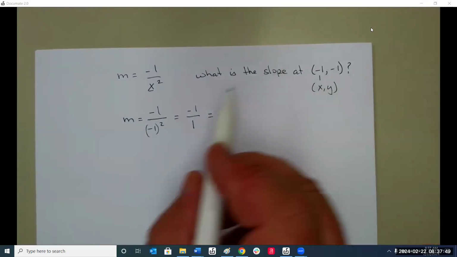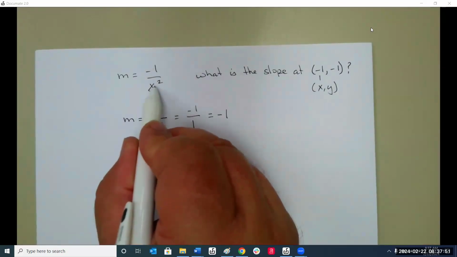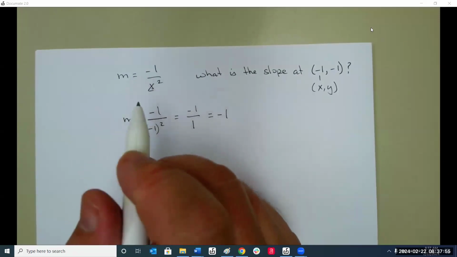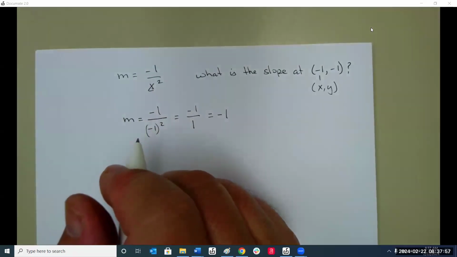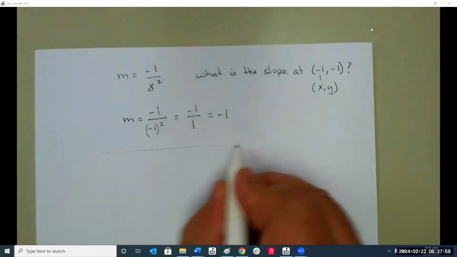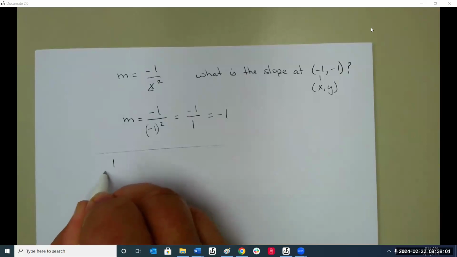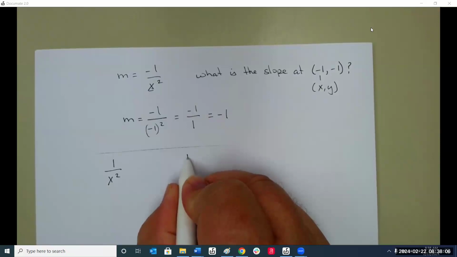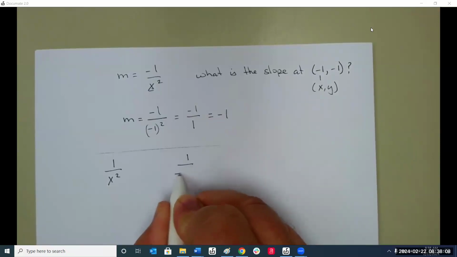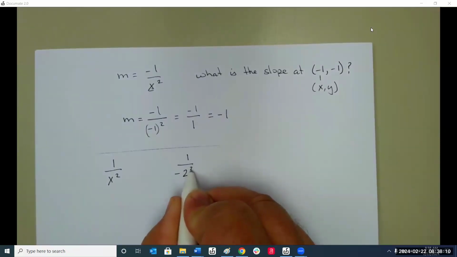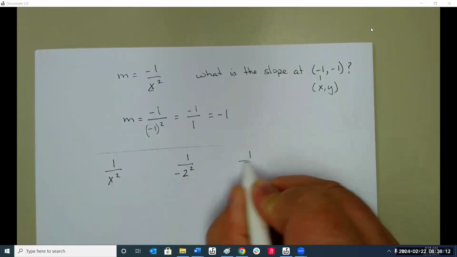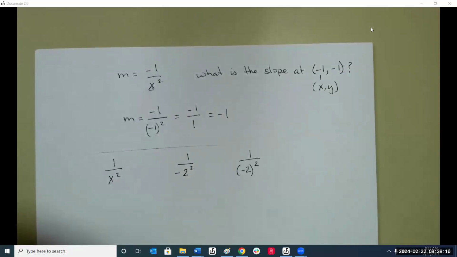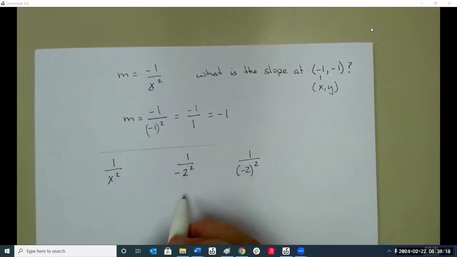Be very careful whenever you do this kind of work. Whenever you plug in a number inside there for x, make sure you put it in parentheses. Because if I had this one, what is it going to equal?